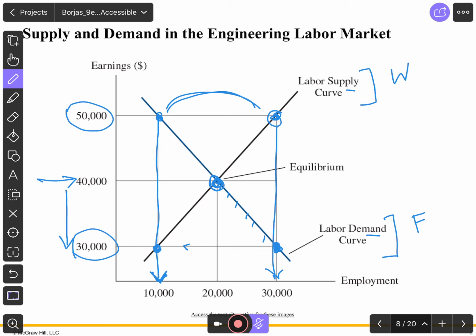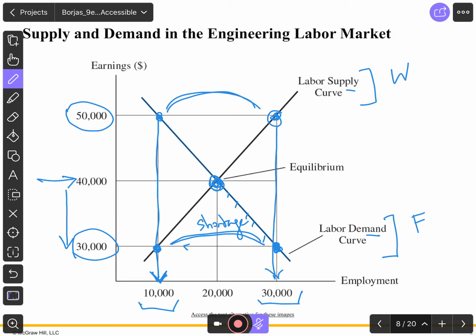And they are actually at 10,000 workers. And here we have a shortage of workers because employers are demanding 30,000, but they can only find 10,000. So you can call this the shortage part.